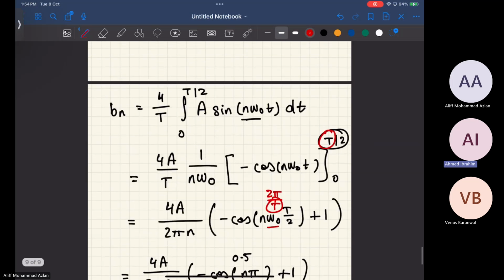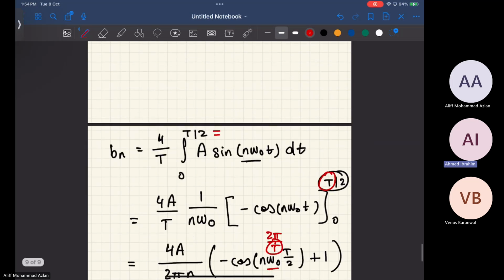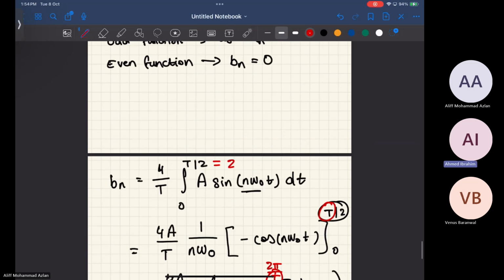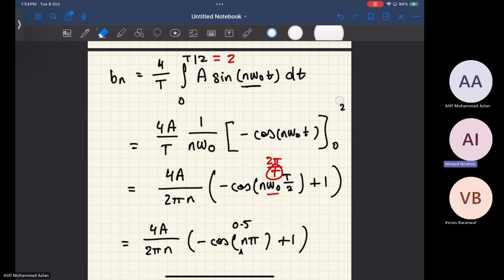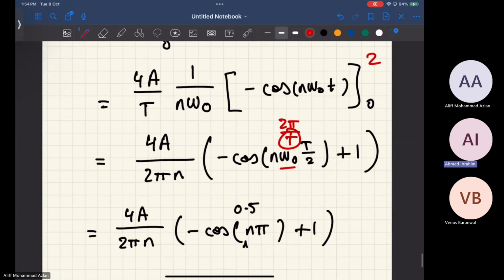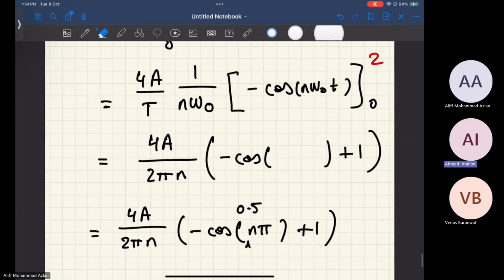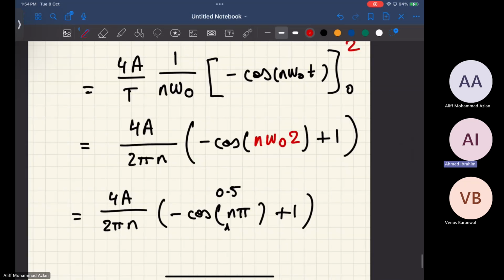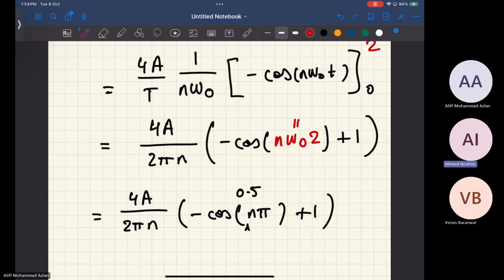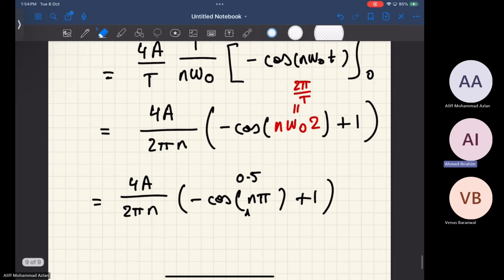So I should have just set that equal to 2, and then we substitute 2 over here. That's going to be n omega 0 2, and omega 0 is 2 pi on t. Now this t is actually 8, so that gives us 4 pi over 8, which is 0.5 n pi.